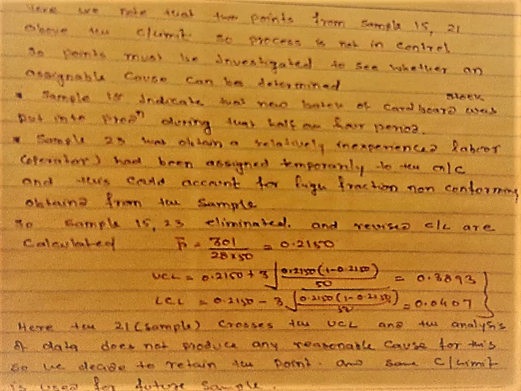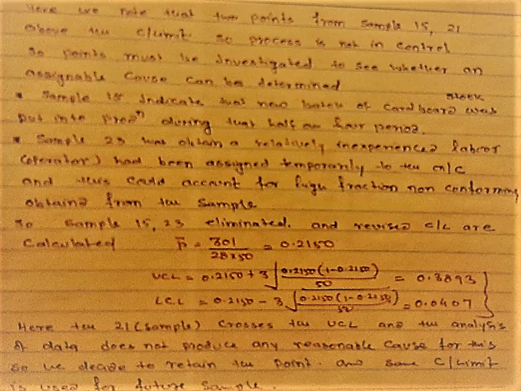That means during the shift change, when we took sample number 23, an inexperienced operator had been assigned temporarily to the particular machine on which we are collecting the samples, and this could account for the high fraction non-conforming obtained from the samples. There are many other possible reasons also.